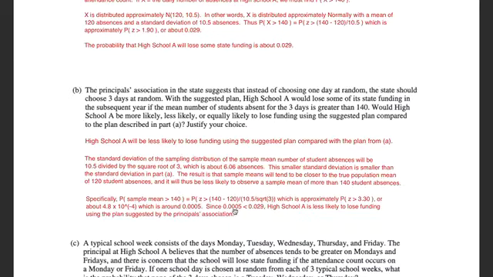So it's because of this comparison that high school A is now less likely to lose funding using the plan that's suggested by the Principals Association. So, in other words, two ways to think about this. If you want to calculate the probability, that's fine, but then make sure that you show the comparison. That's what's justifying that now you're less likely to lose funding.